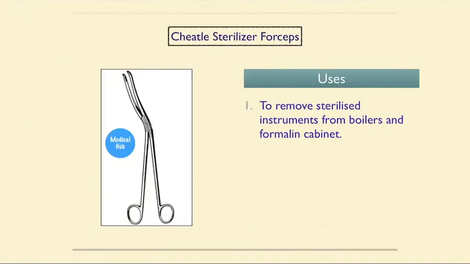So let's start. This is Chittle sterilizer forceps. It is used to remove sterilized instruments from boilers and formalin cabinet.